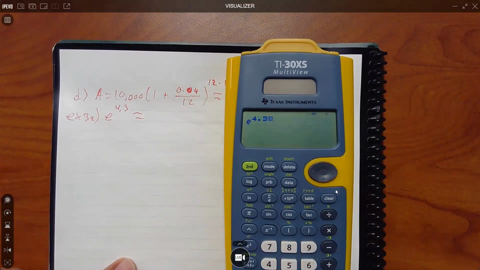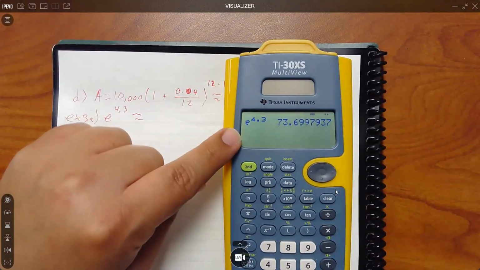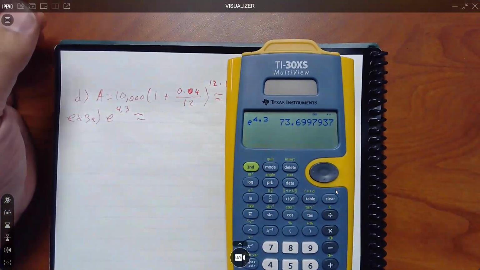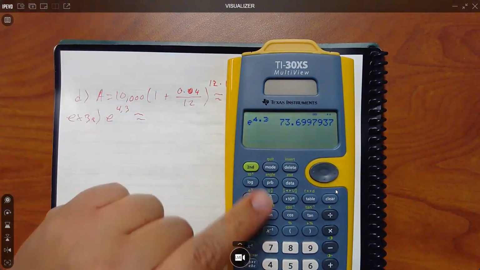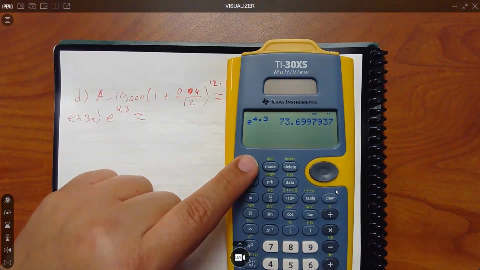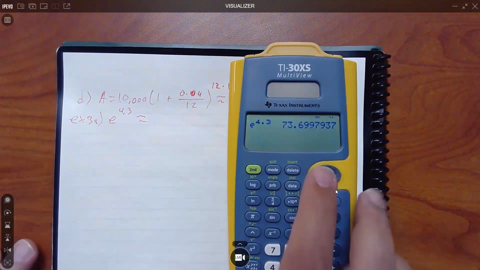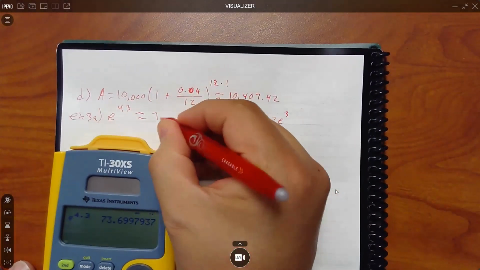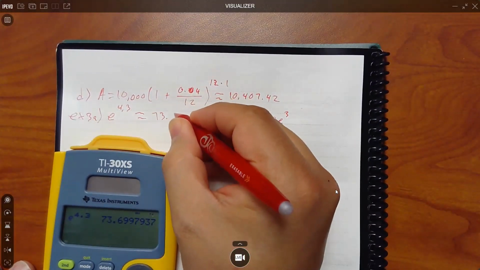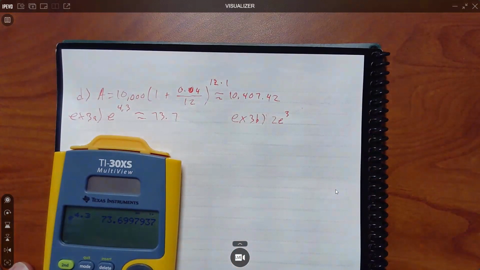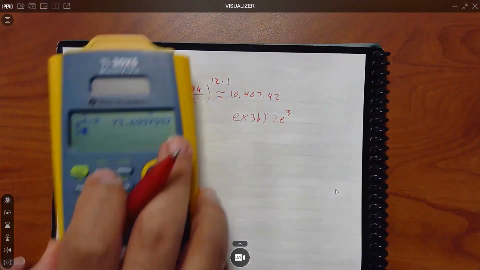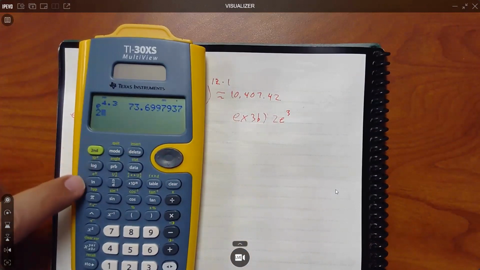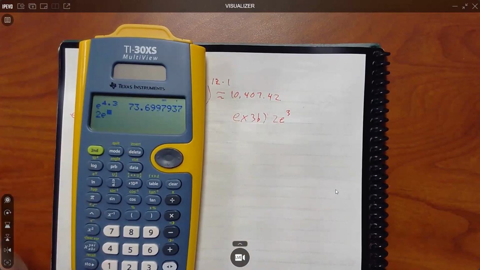Just do 4.3. That's all you got to do. So E is about 2.17 or something like that. It's just a number. So 73.7, I guess. 2 times second ln 3.